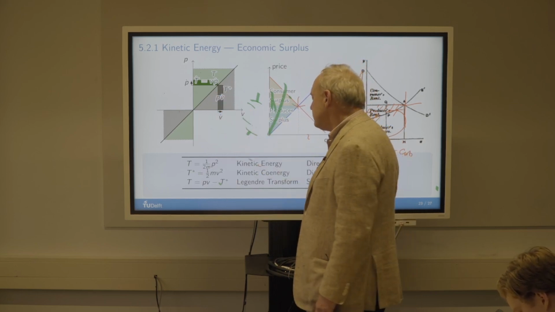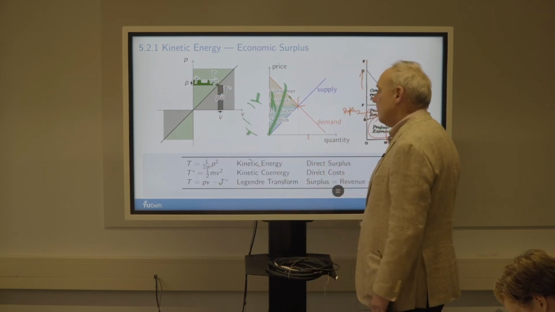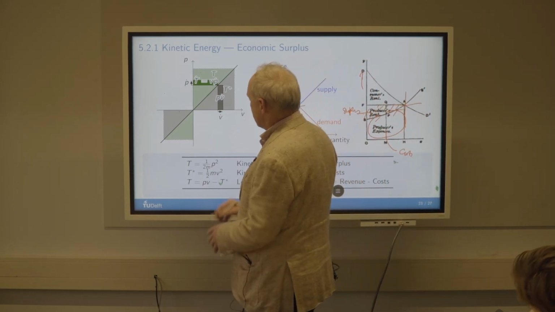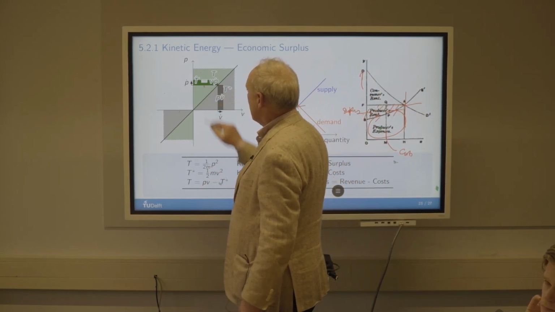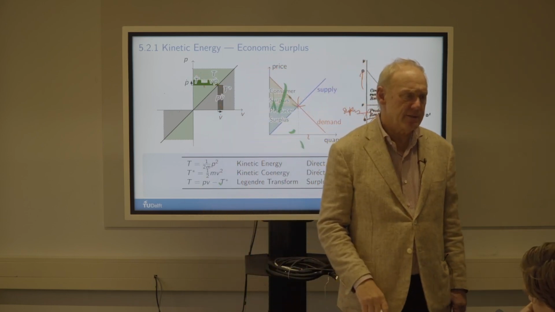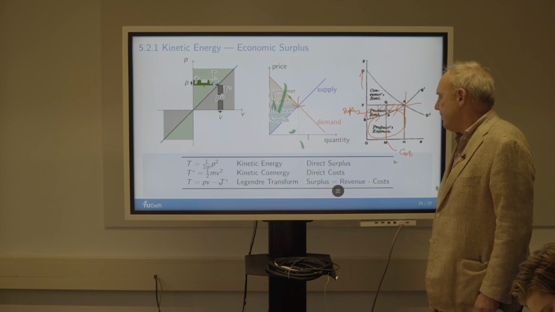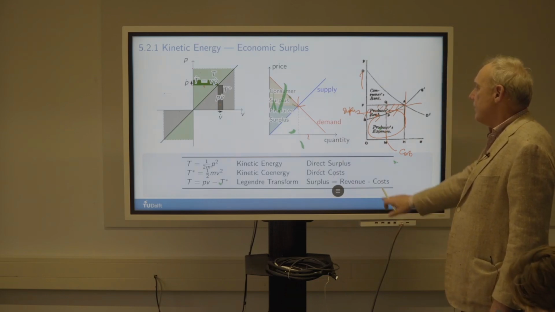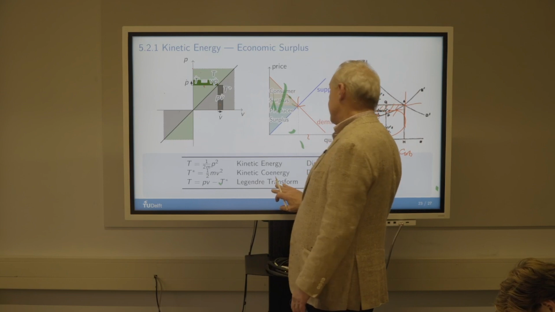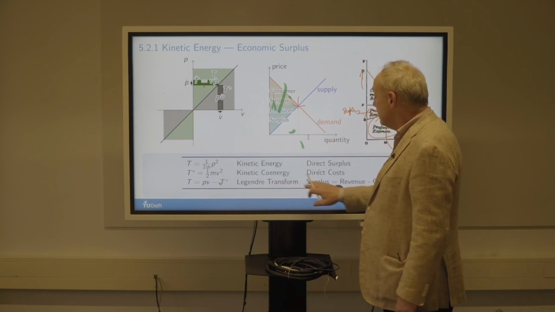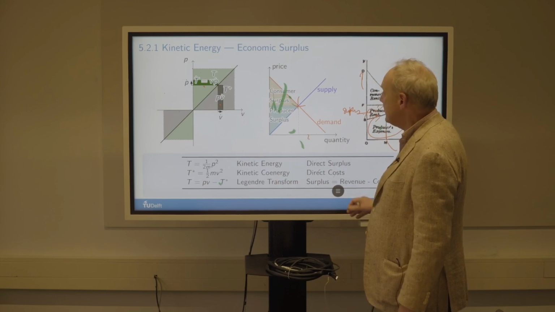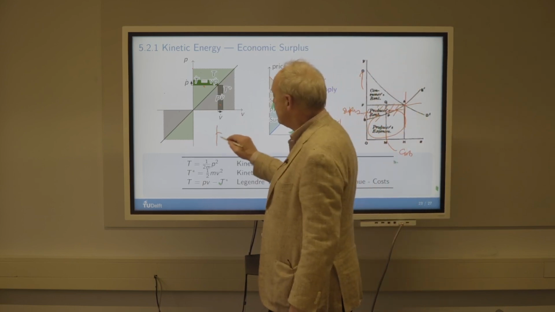And then you have another relationship that says that the sum of these two must be equal to P times V. You can see that. That relationship is called the Legendre transform in mechanics. But in economics, it has a nice implication, because what is this P times V term?